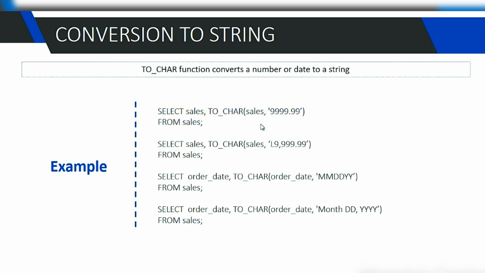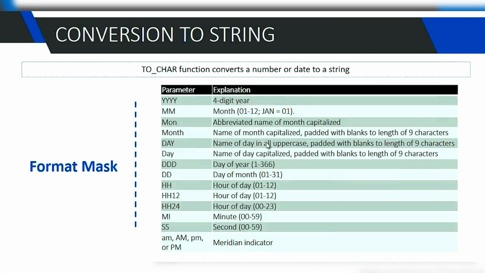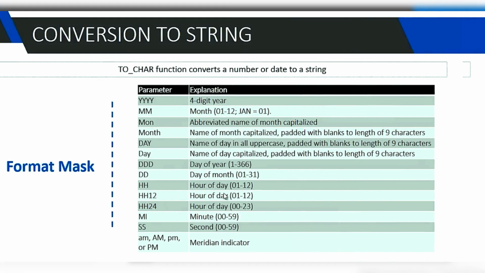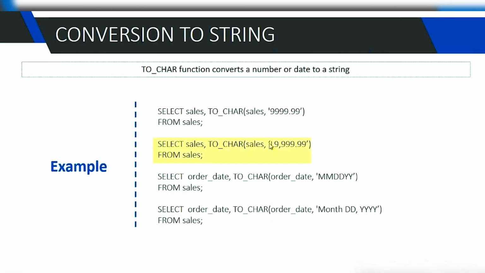If you want a currency symbol also, L can be used as a currency symbol. So if you mention L in front of this, it will automatically put a currency symbol. By default, the currency symbol will be $. If you want to put any other symbol, you just replace this L with that particular symbol in your string, and you will get that symbol. Let us go and check this in pgAdmin.